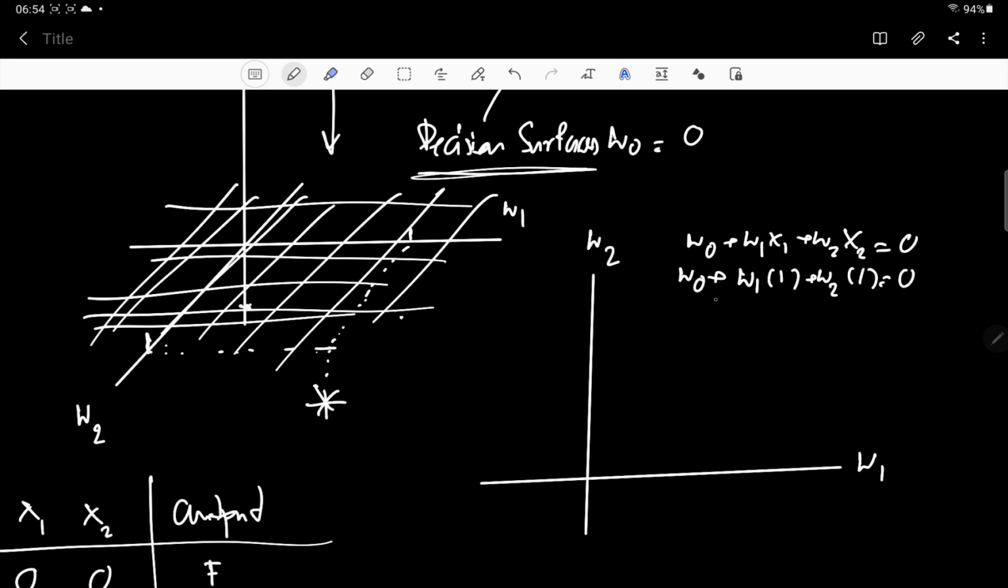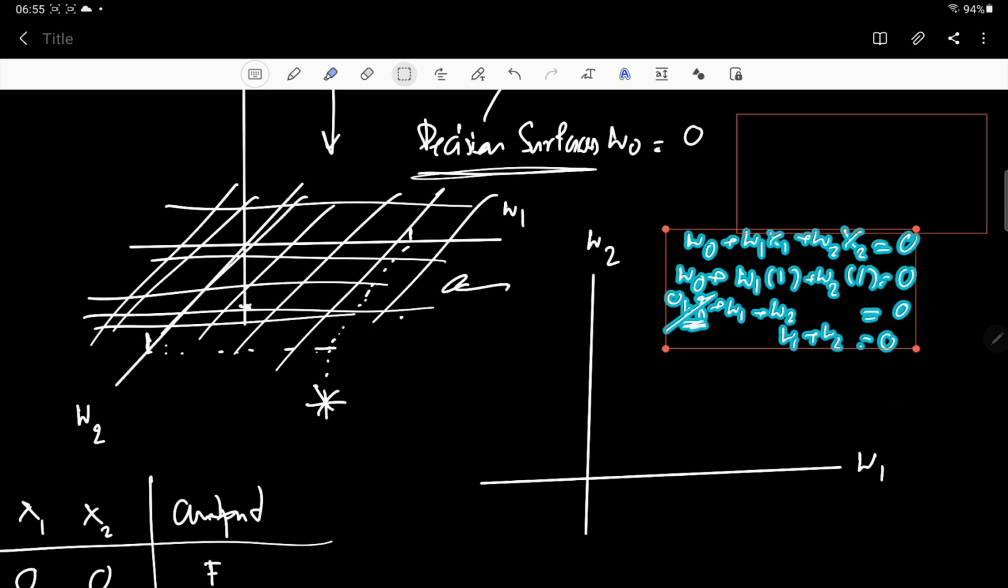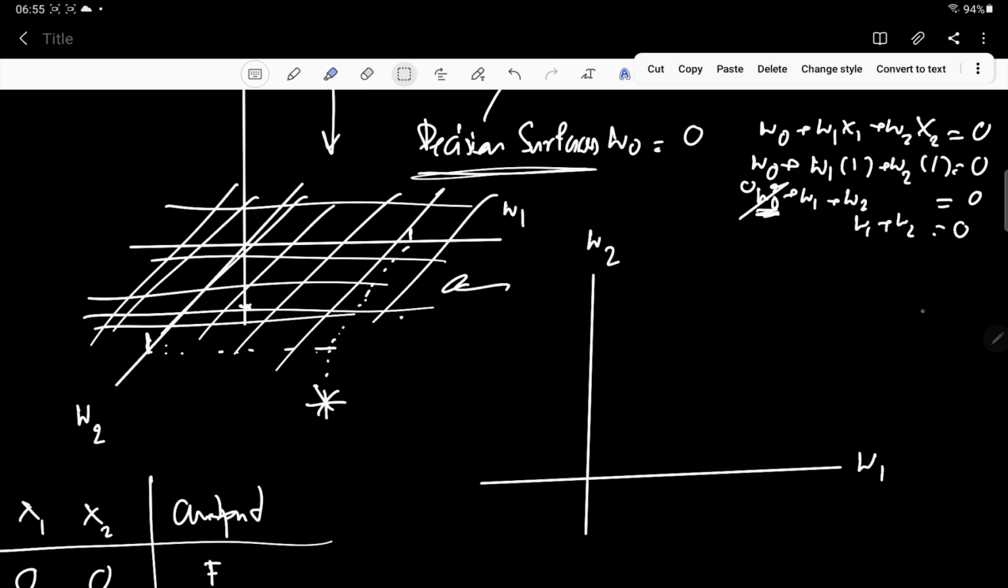So what we have is W0 plus W1 plus W2 equals 0, and we force it to be the plane where W0 is 0, so this term is also 0. So what we have here is W1 plus W2 equals 0. Guys, please look at this.